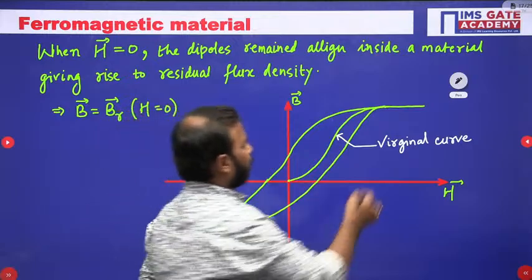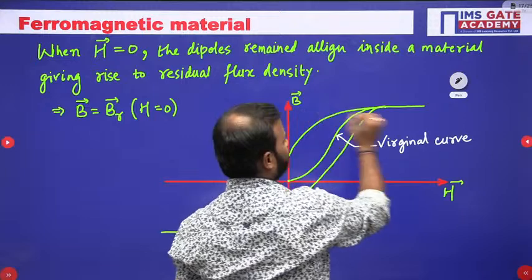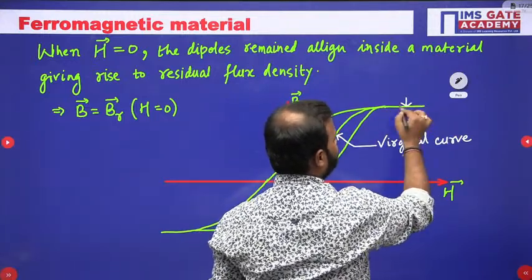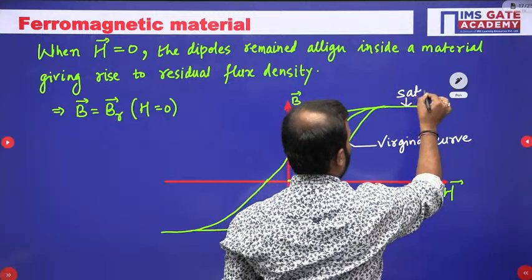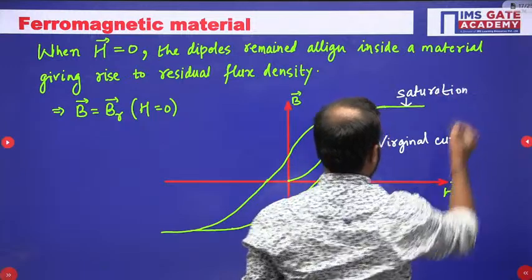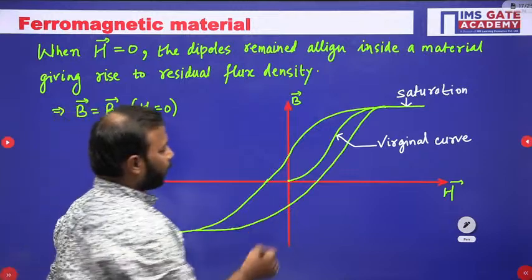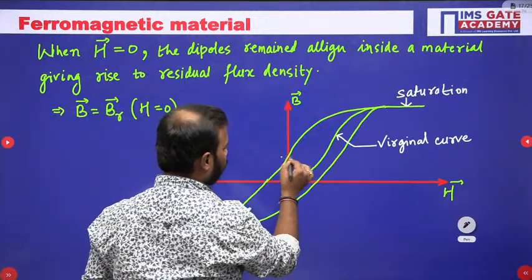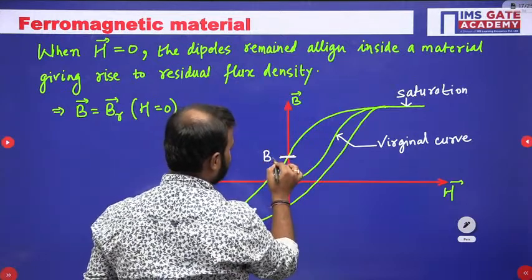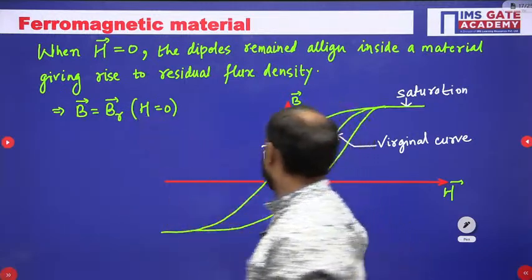Okay, here even if you increase the magnetic field intensity, your magnetic flux is constant. Therefore, this particular section is said to be saturation. Now, if you reduce the magnetic field intensity, then at H equal to 0, you are going to have magnetic flux density, which is BR, जो मैंने यहाँ लिखा था. दिखा?